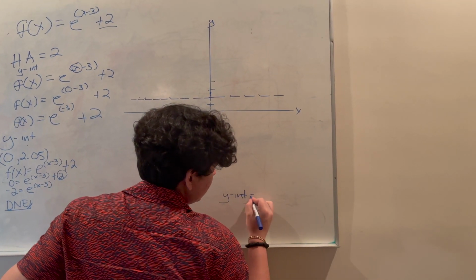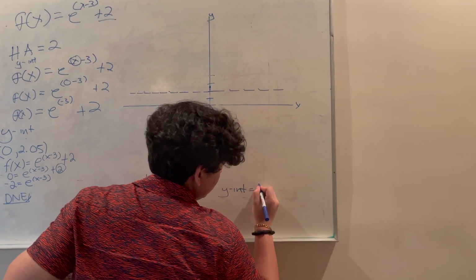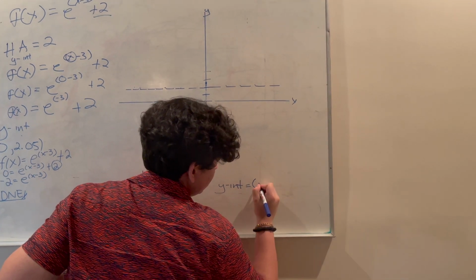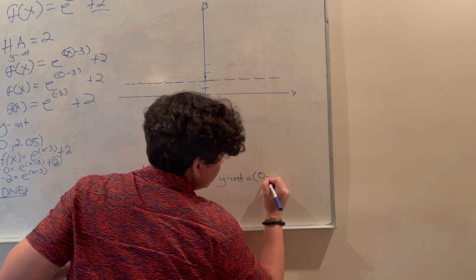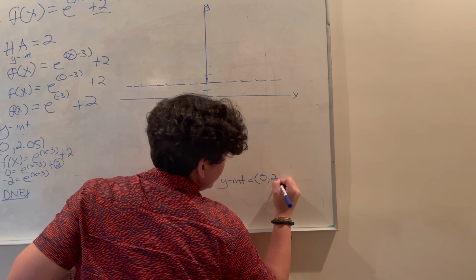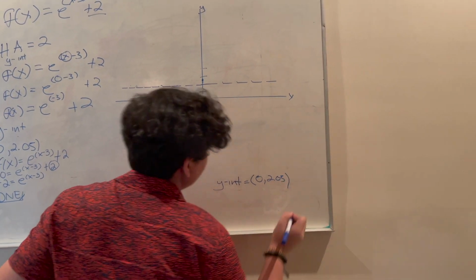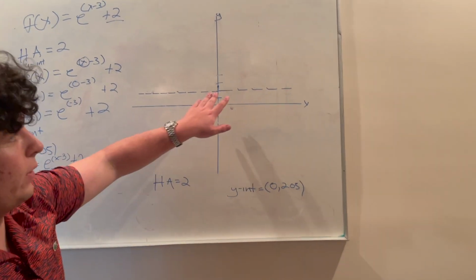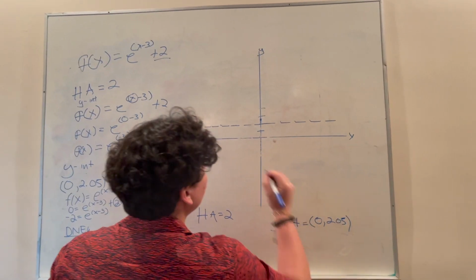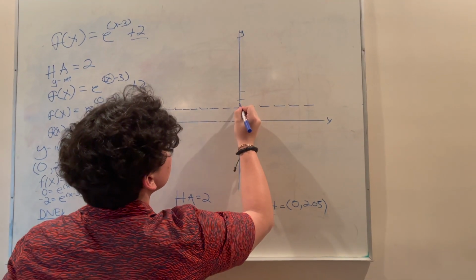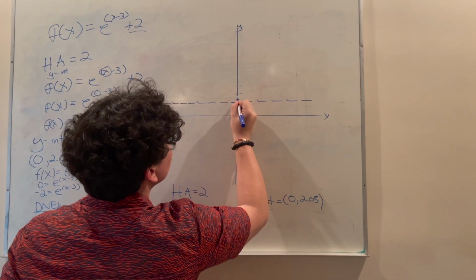Next is the y-intercept, sorry, I'm messing myself up. So it was (0, 2.05). We know that here is 2, so our dot is going to be a little upwards, so like right here.